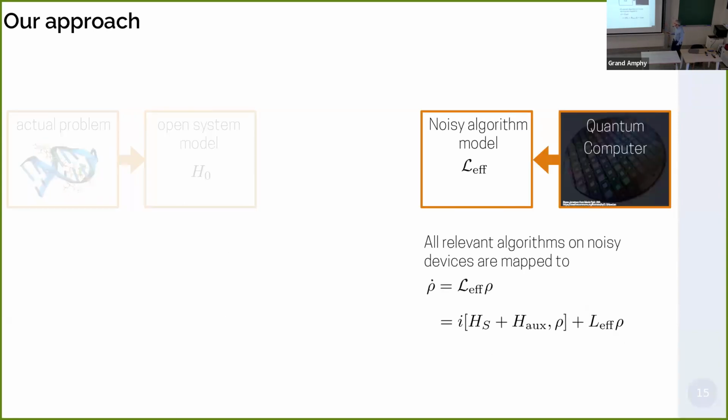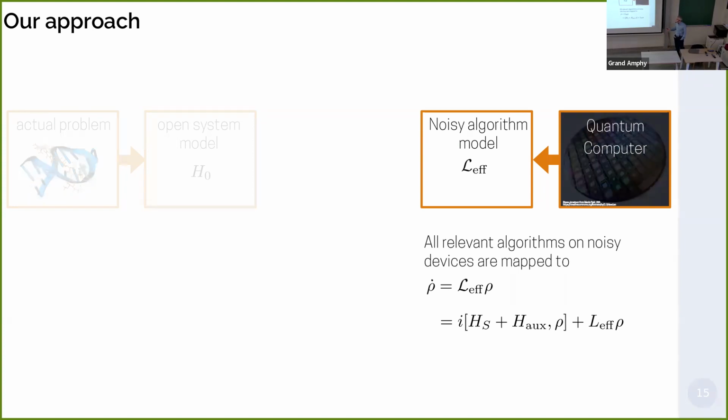Then we come from the other side in practice and look at the quantum computer. Of course, we know a little bit what type of algorithm we run on the quantum computer. And out of that, we know, or we need to know, single qubit properties like their decoherence rates.